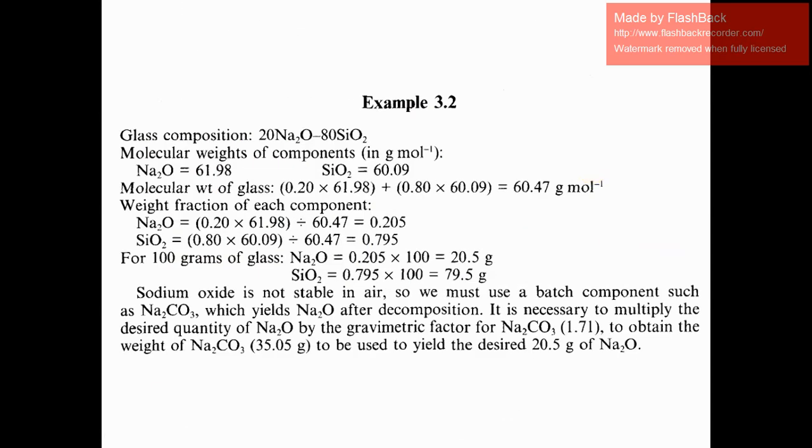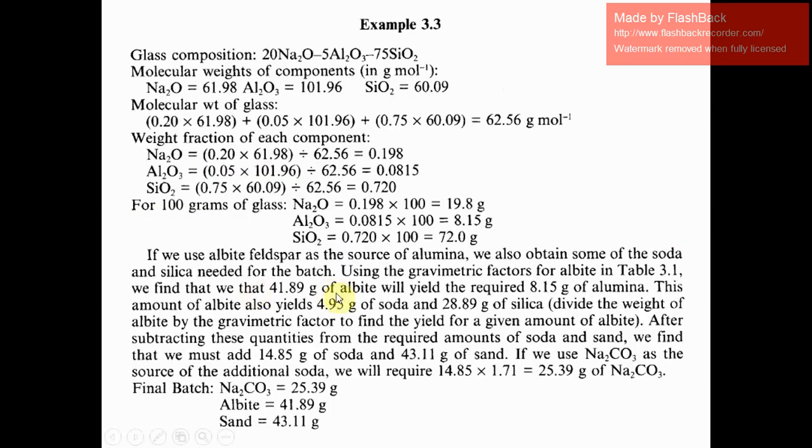Then how much will we get? 41.89 gram. So 41.89 gram of Albite will give us 8.15 gram of alumina. And how much Na2O and SiO2 will we get? This amount of Albite also yields 4.95 gram of soda and 28.89 gram of silica. We will also get this much soda and silica.